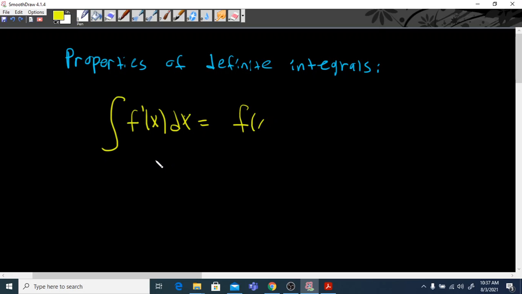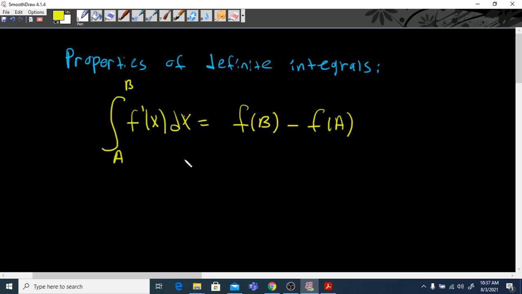Oh, I forgot one thing. If I integrate from a to b, definite integrals, the result is f of b minus f at a. This just comes from the definition of integration.